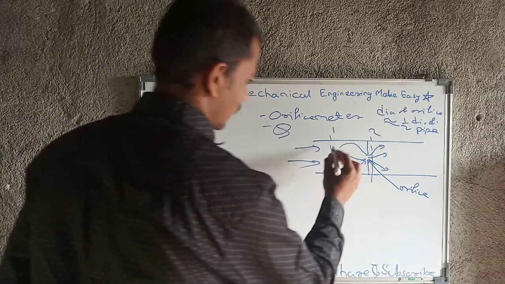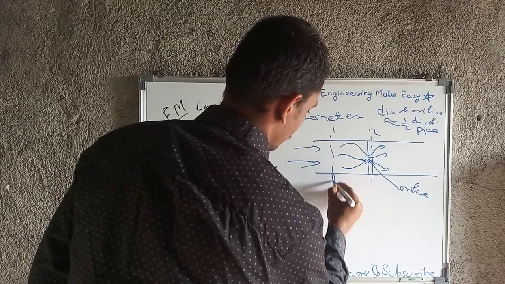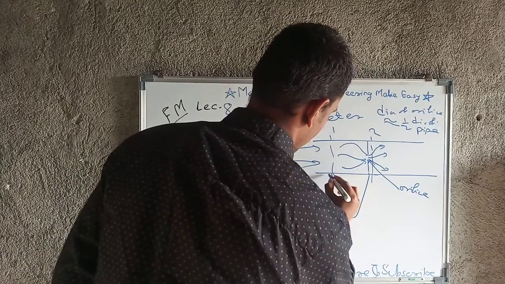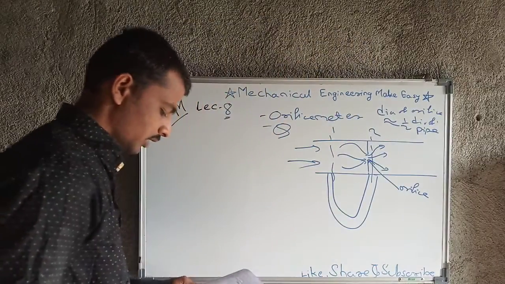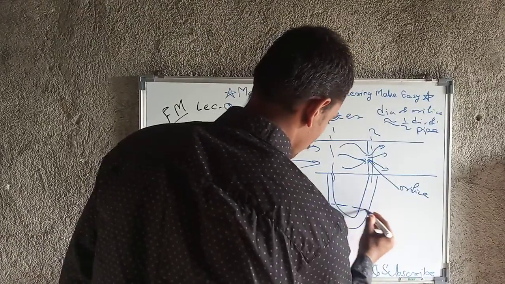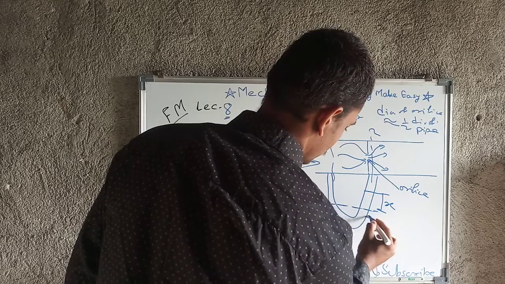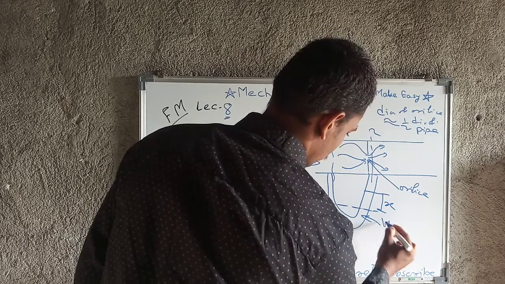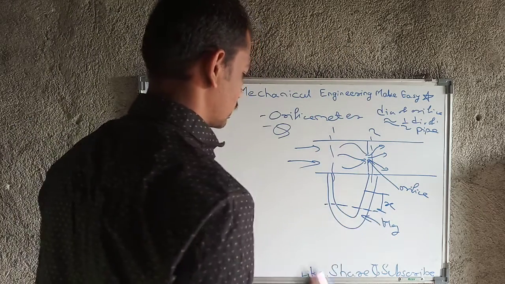Okay, so likewise the flow will occur. So this is section 1, and again we are going to connect here a U-tube. Okay, and here also we are going to use the term Hg. Then this is the construction.